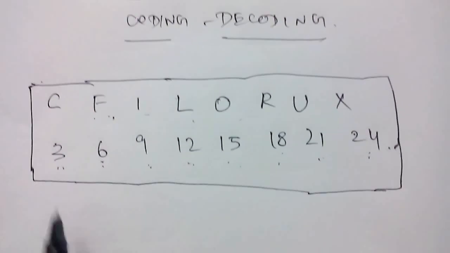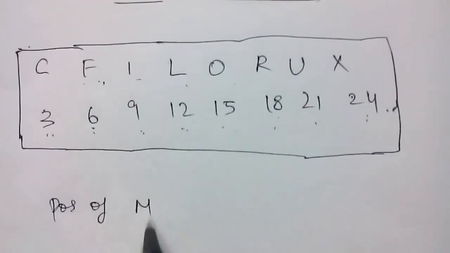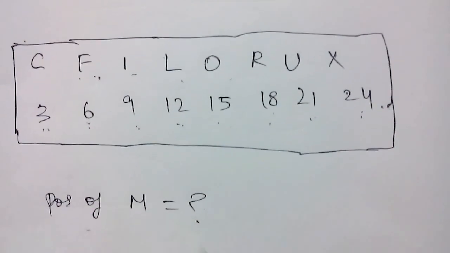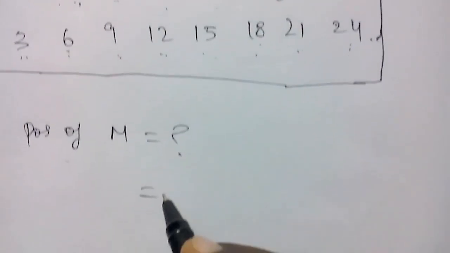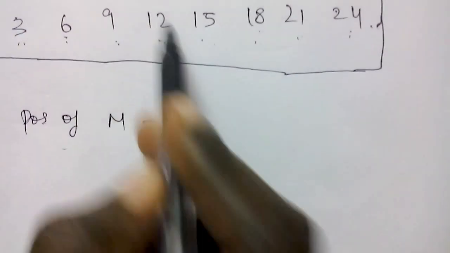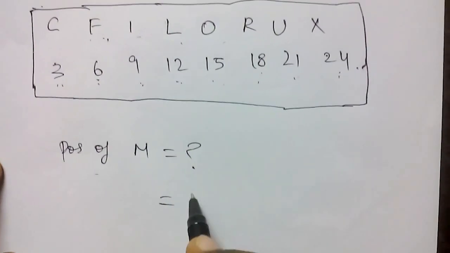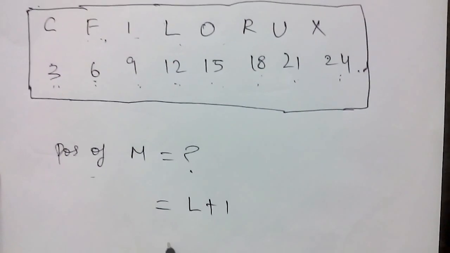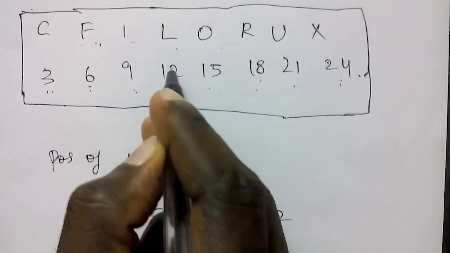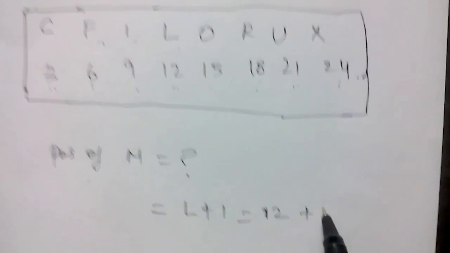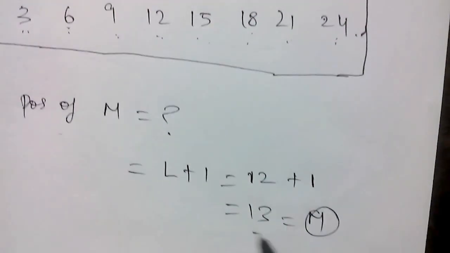For example, if you want to know the position of M, then we have a small formula, where M comes after L. So the answer is L plus 1. L's number is 12, plus 1, you are adding 1, so it comes to 13. So M's alphabet position is 13.